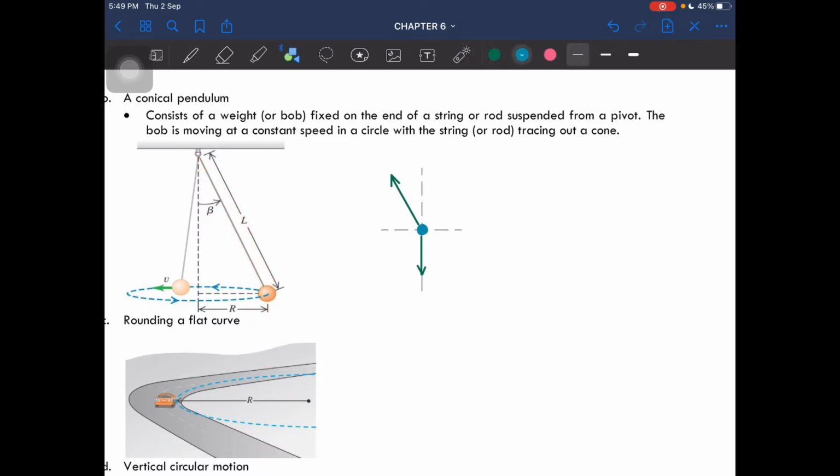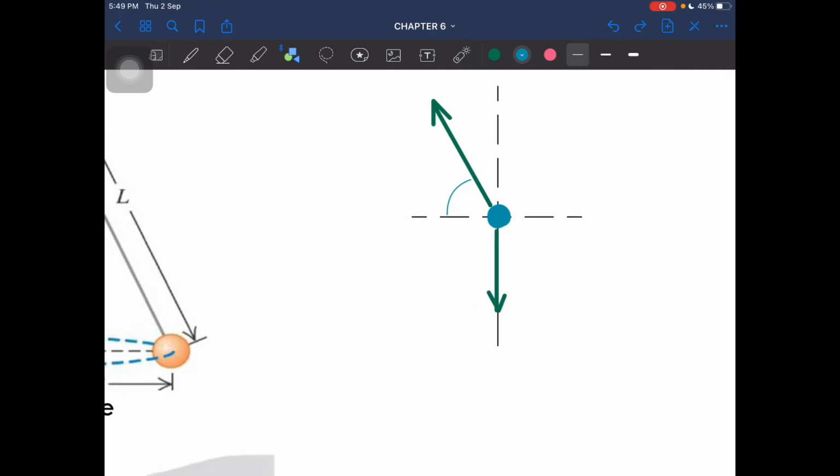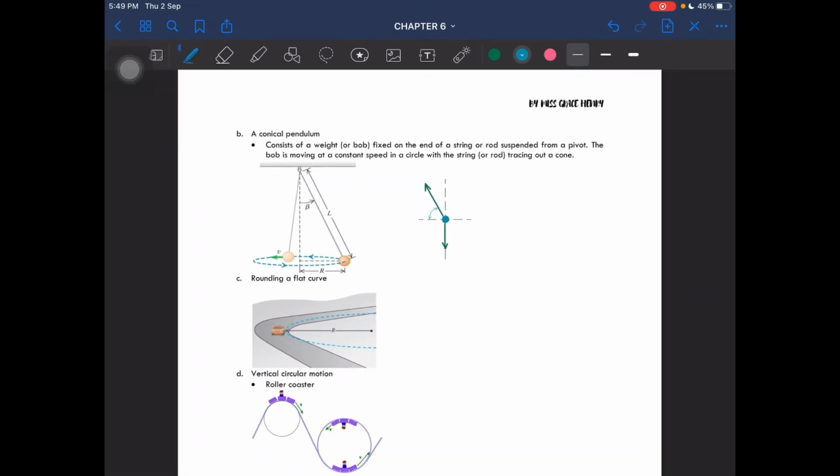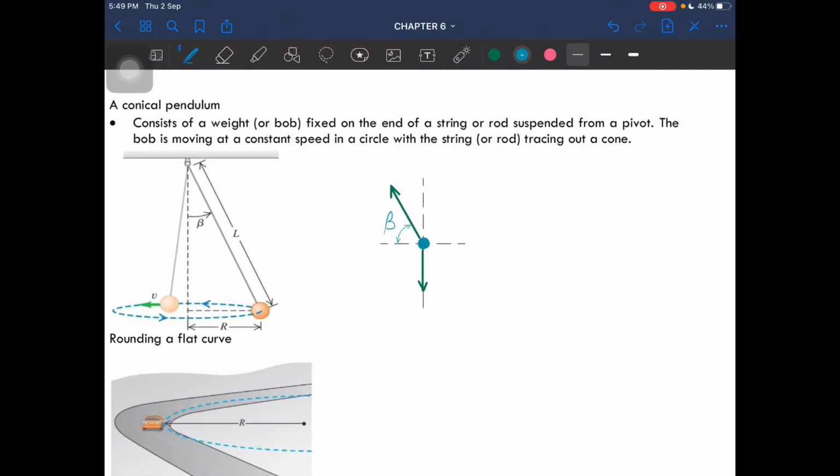The angle is beta. So the beta is somewhere here. I mean, it's here. Okay, so this is beta. Wait, is that right? No, sorry, wrong.